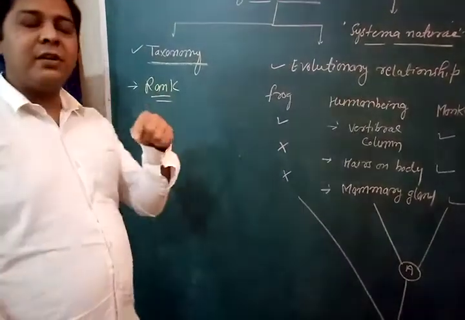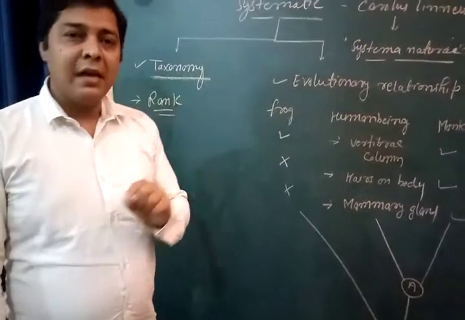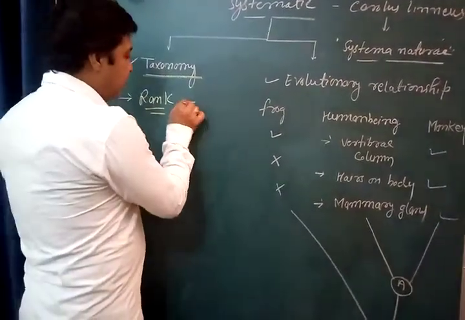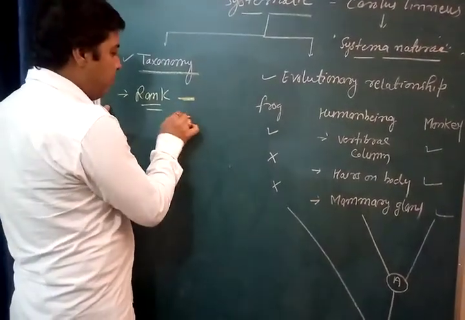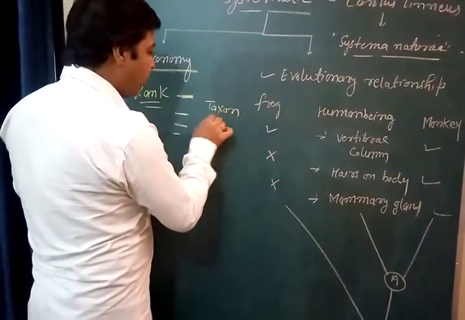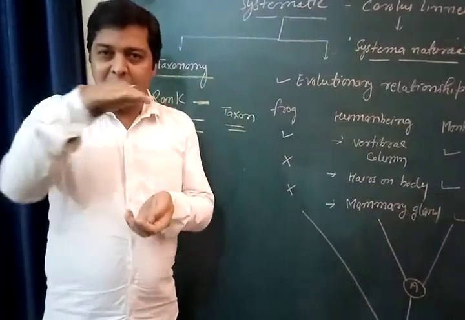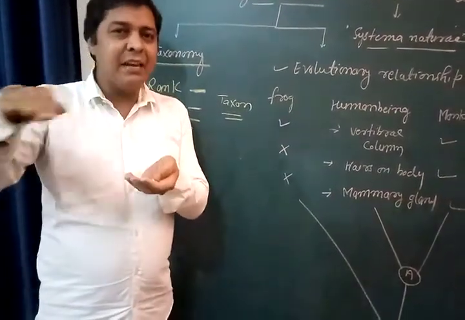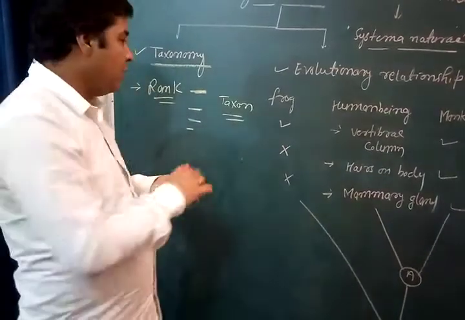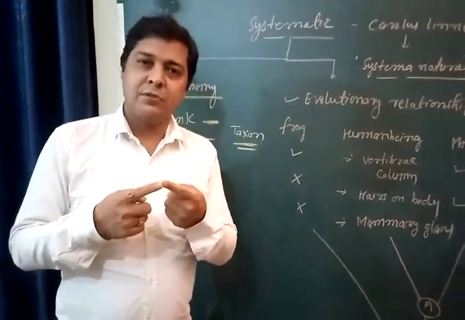We give different kinds of designation at each step, a rank in each level. Each level is called a taxon, the labeling at each category level. Taxon is singular; taxa is the plural word.